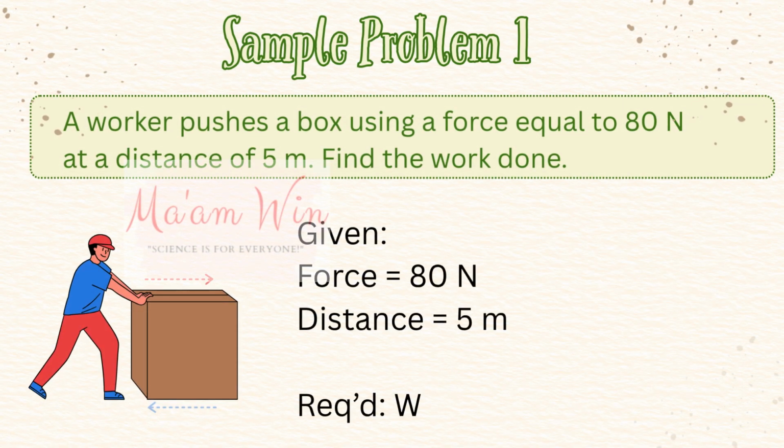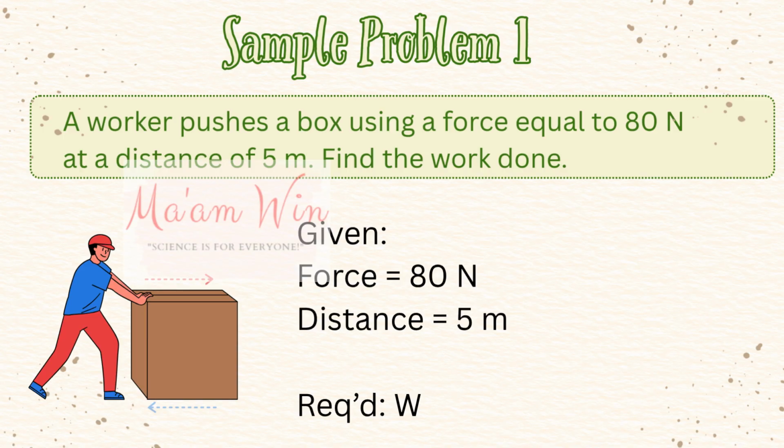The first step is to identify the given values. The force is 80 newtons and the displacement is 5 meters. Since the force and displacement are in the same direction, the angle between them is 0 degrees.